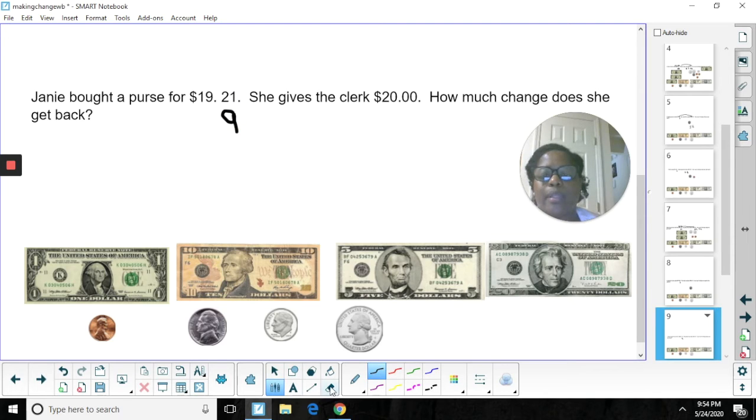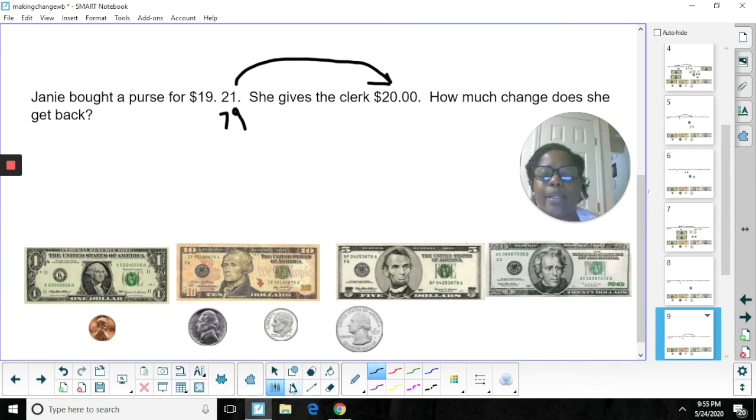Oh, I made it too big. I'm sorry. And then we go over to our tens place. What number am I going to put here to equal 9? Did you say 7? So what are our coins going to be? 79 cents. So if I add 79 cents to $19.21, what is that going to equal? $20.